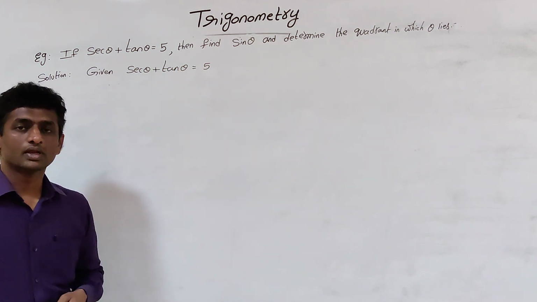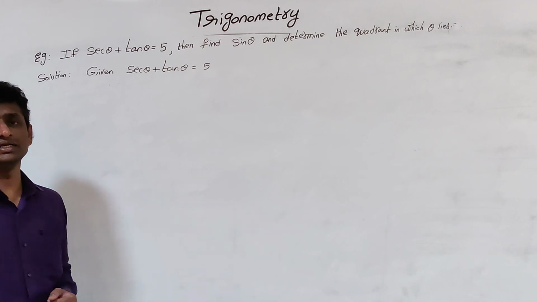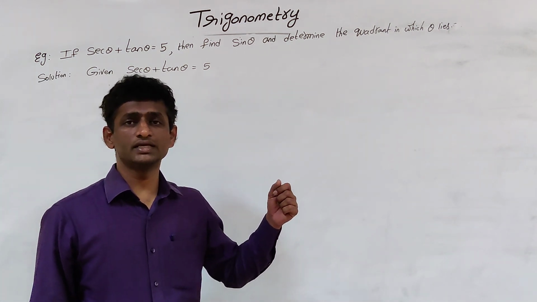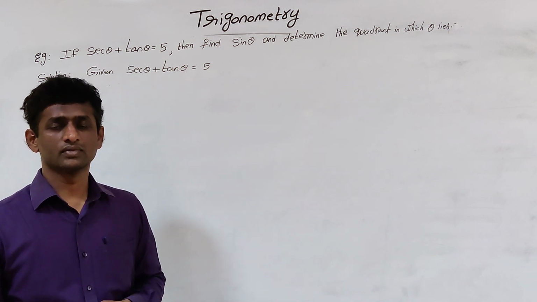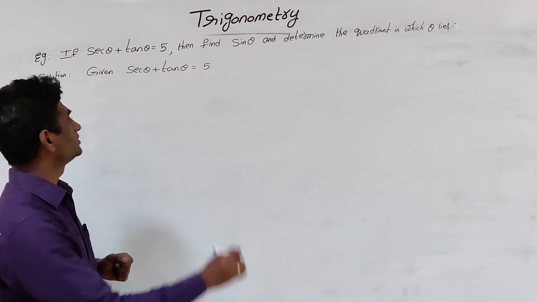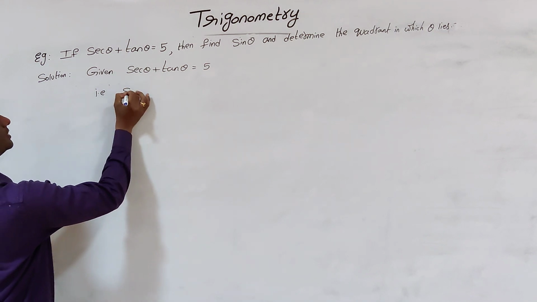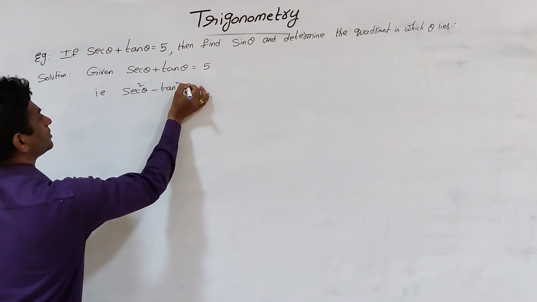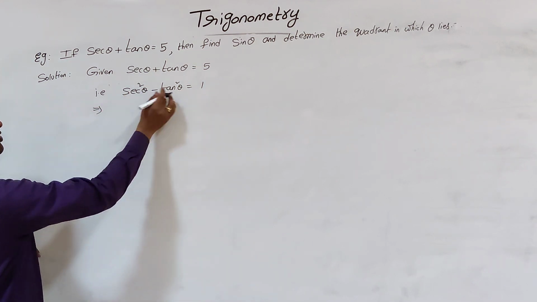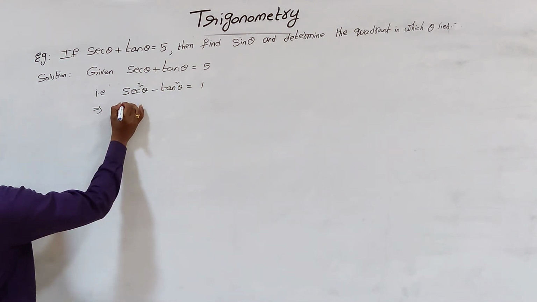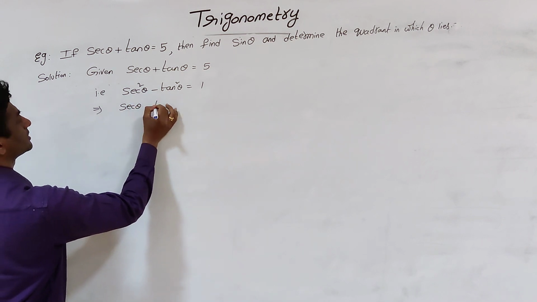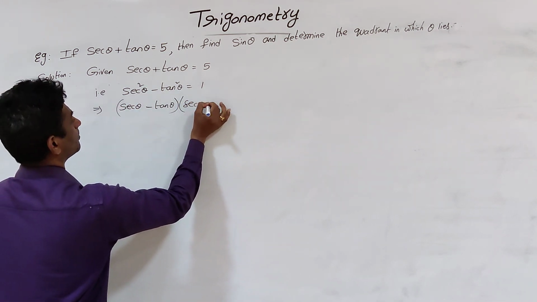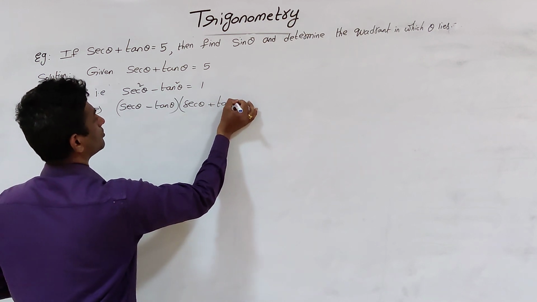As we know the identity, secant square theta minus tan square theta is equal to 1. It is in the form a square minus b square, so secant theta minus tan theta into secant theta plus tan theta is equal to 1.